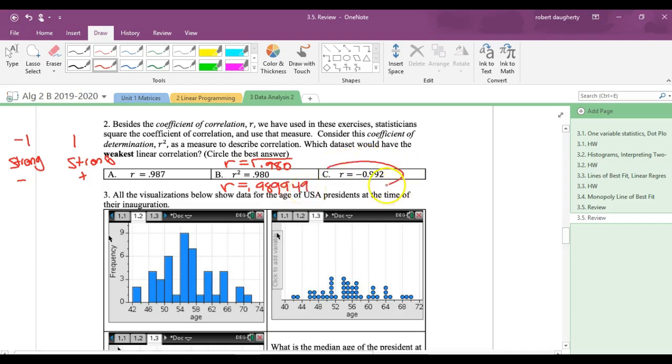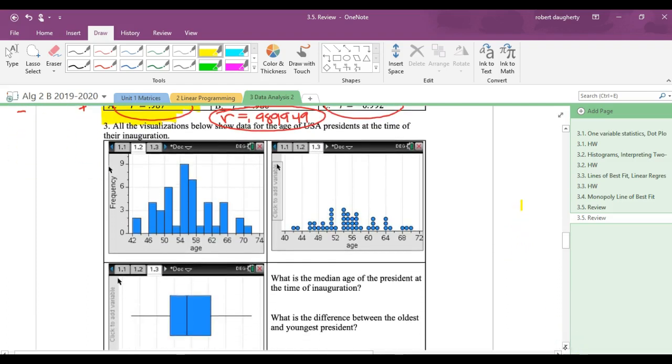And then here I've got R is -0.99. So if I look at these R values, which of these numbers is the furthest away from 1 or -1? And the answer has to be A. That's the number that's furthest away from 1. Okay, you can subtract from 1 or -1. So this is the weakest correlation in part A.